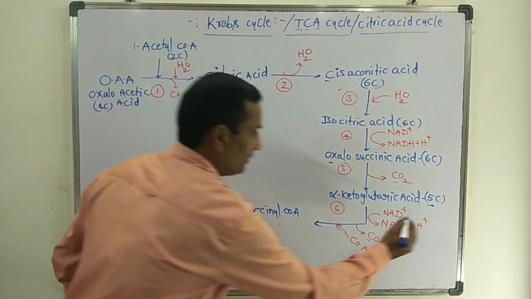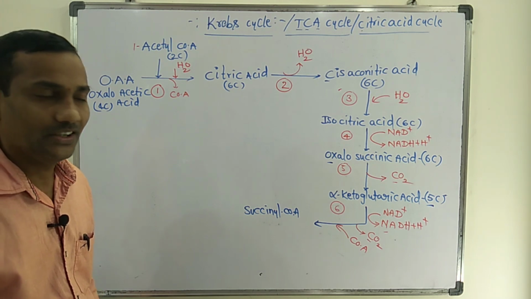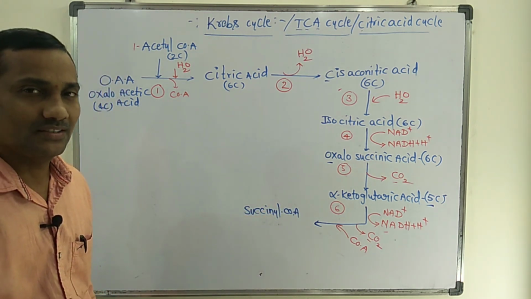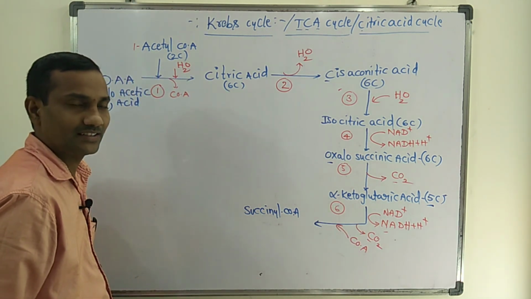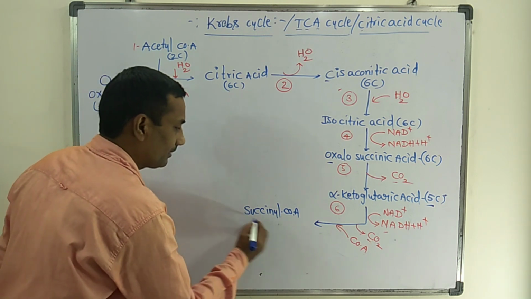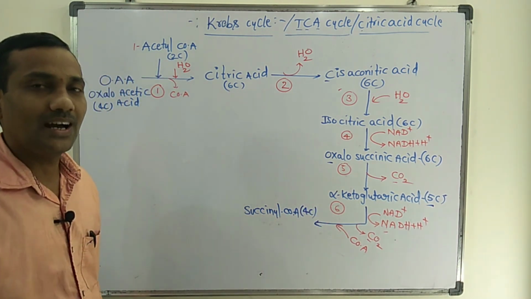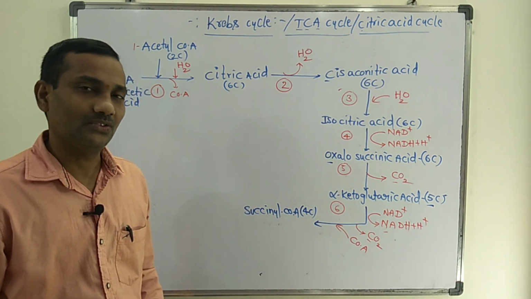So once you observe, alpha ketoglutaric acid consists of 5 carbons. One carbon is removed in the form of carbon dioxide, so you can guess how many carbons will be there. That consists of only 4 carbons, that is succinyl coenzyme A is formed.